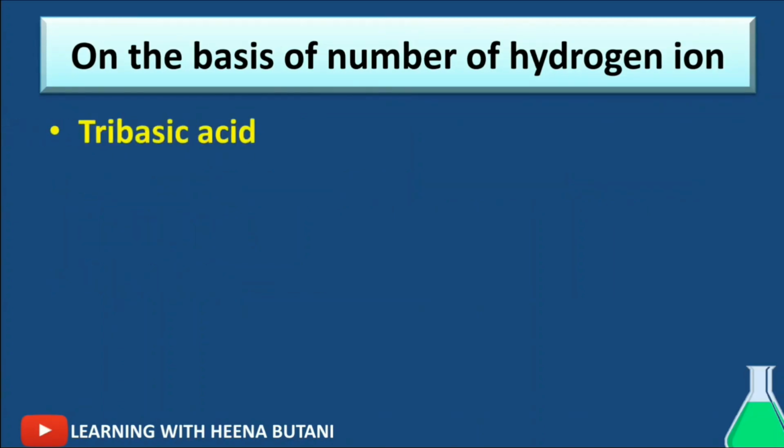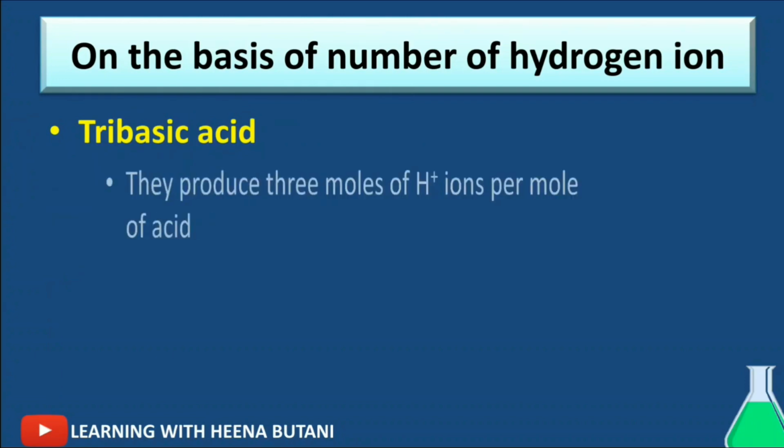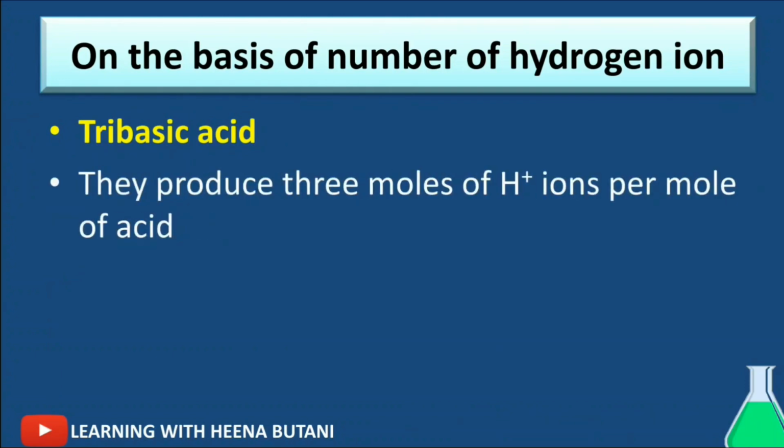Third one is tribasic acid. Here in this case they produce 3 moles of hydrogen ions per mole of acid. For example, H3PO4, phosphoric acid. Here you can see in the formula there are 3 hydrogen atoms. So they produce 3 moles of H plus ion per mole of acid.